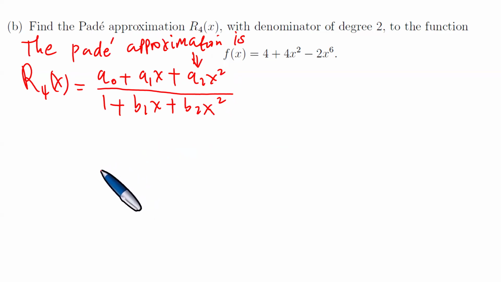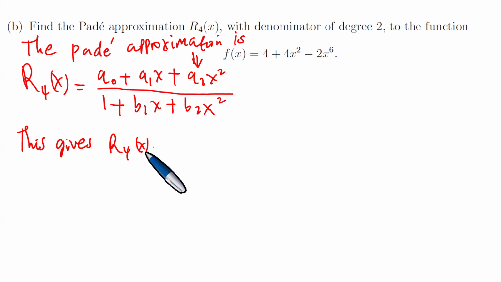What does this therefore give? It gives R4 of x minus f of x. What is therefore the R4 of x?